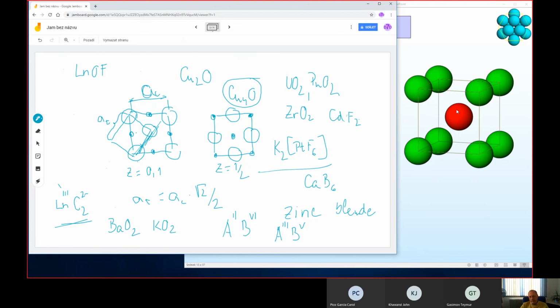Each copper atom is coordinated linearly, in dumbbell coordination, between this and this oxygen atom. So we have one copper atom here, another copper atom here, and the third one is between this and this atom, and the fourth one between this pair of oxygen atoms. So this is the structure of so-called cuprite or copper(I) oxide.